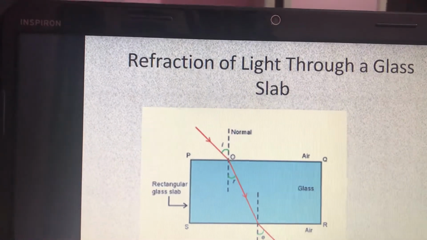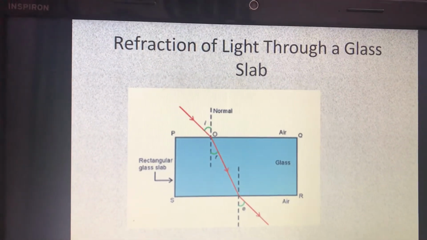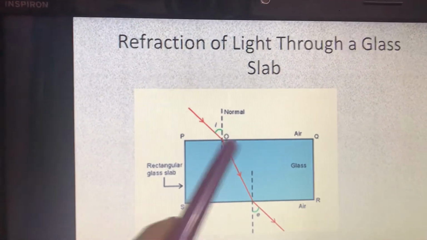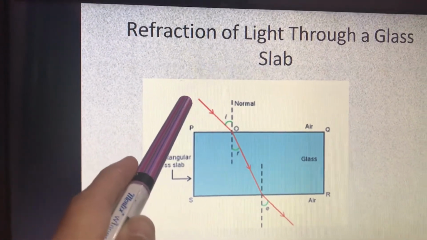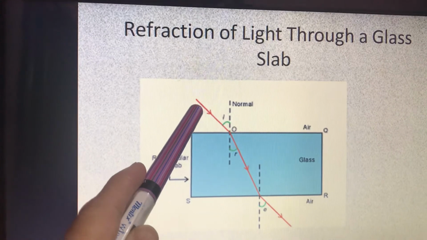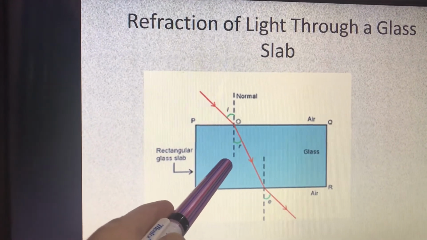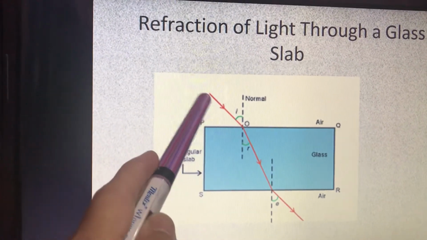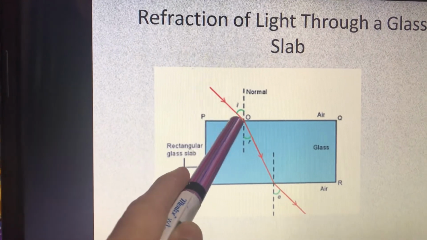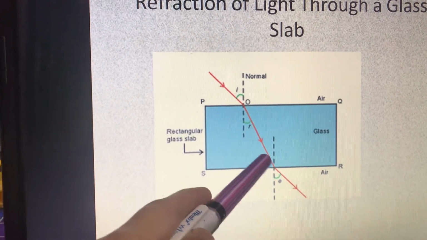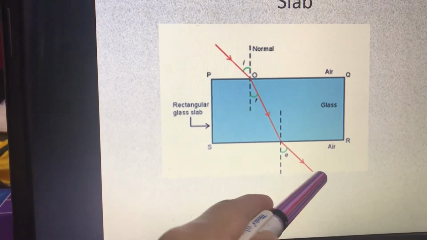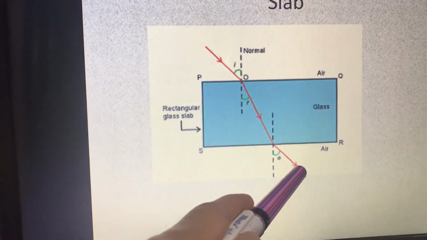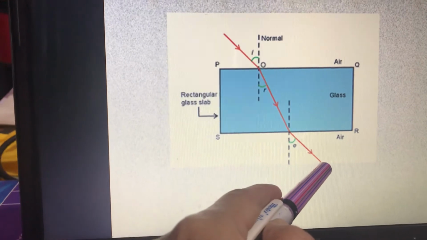Refraction of light through a glass lamp. This is for your practical also, so we'll perform this in class. Now this is one medium, air, and this is another medium, glass. This is known as the incident ray, this is the refracted ray, the bent ray, and again it is refracted, so it is known as the emergent ray.